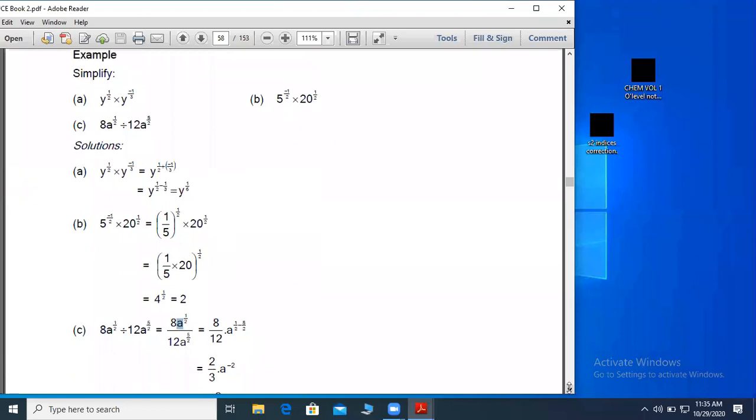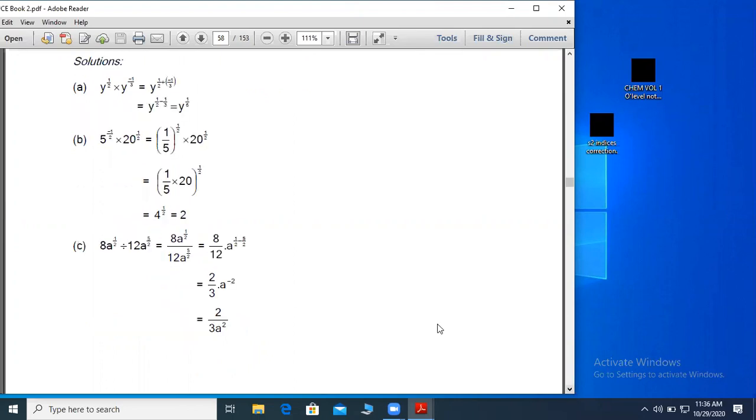And the answer will be 2 over 3, a to the power of 1 minus 5 is negative 4 over 2, which is negative 2. So this ends up being our answer. Then when we simplify it, remember a to the power of negative 2 is also the same as 1 over a squared. So we have 2 over 3a squared.